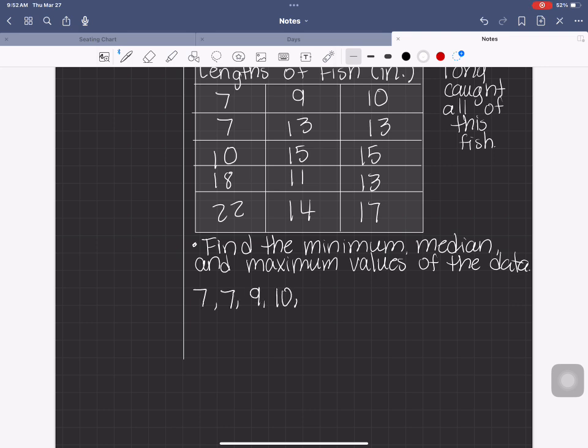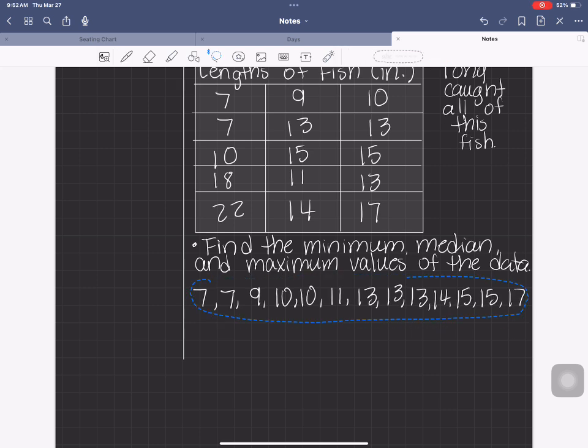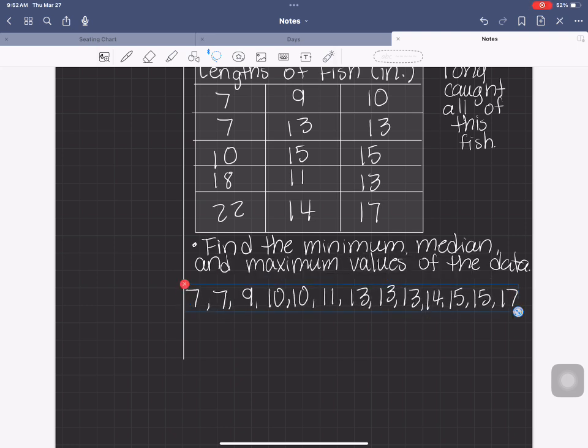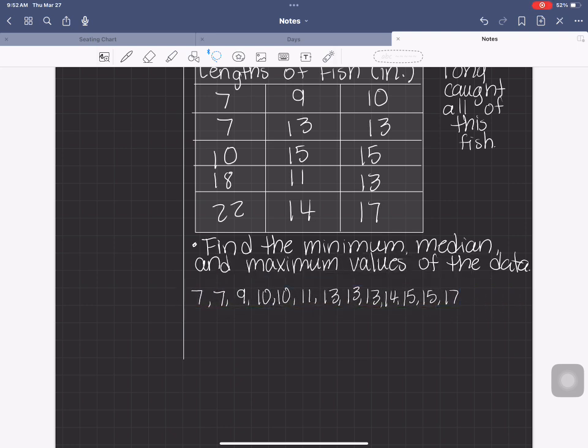So again, you start off with writing your numbers down from least to greatest, which I'm doing right now. It didn't fit, so I'm going to have to scoot it over to the left, make it a little smaller.